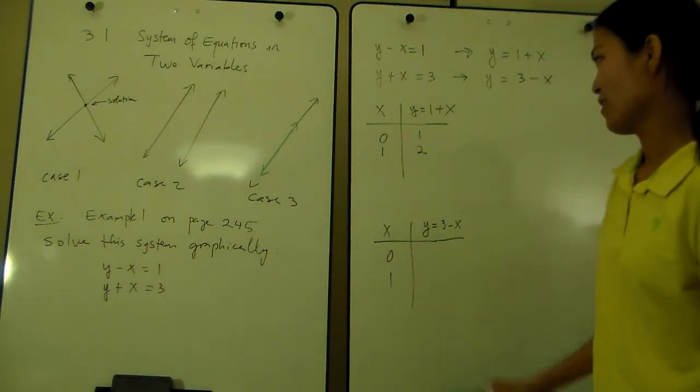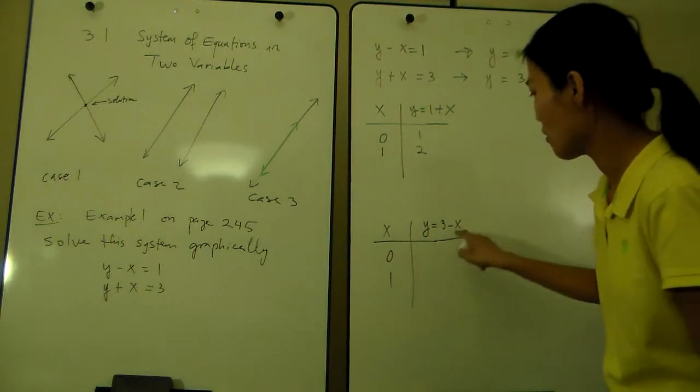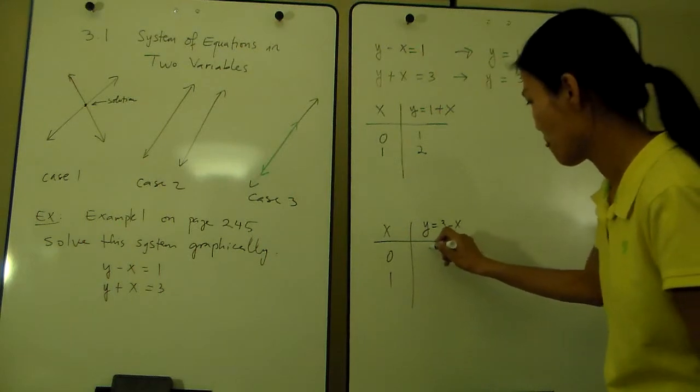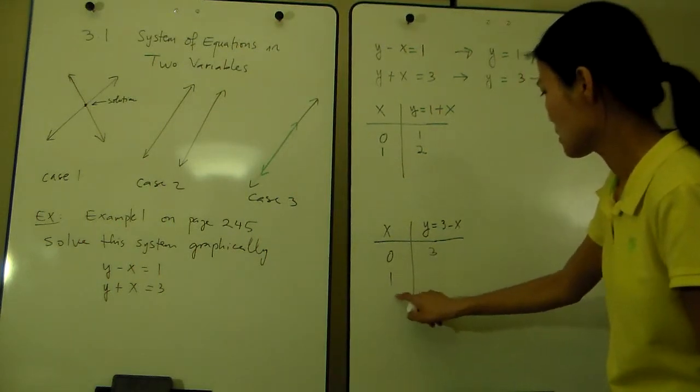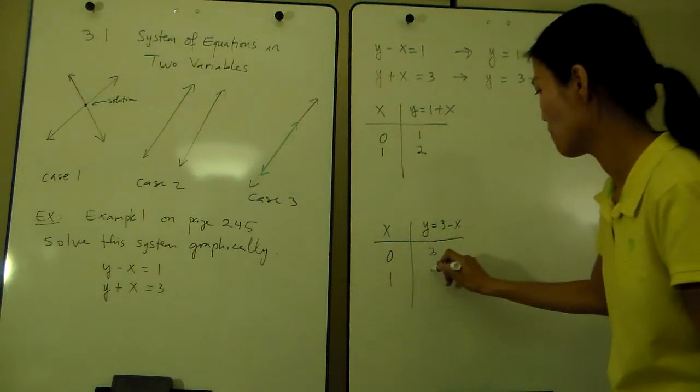For now, I'll just find at least 2 points. For the second equation, when x equals 0, 3 subtract 0 is 3. When x is 1, 3 subtract 1 is 2.